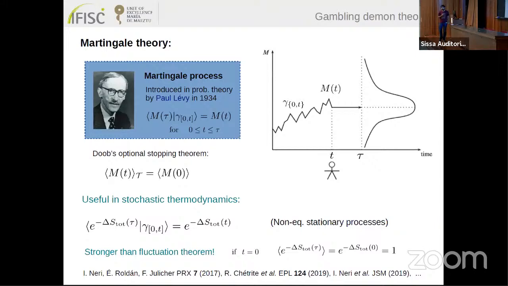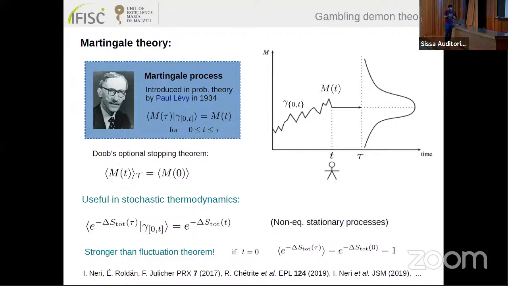So in order to do that, we use the standard framework of stochastic thermodynamics with an extra ingredient, which is the use of martingale theory. So what is a martingale process? A martingale process is an especially useful kind of stochastic process, which is defined by this condition there. They were introduced by Paul Lévy in 1934.